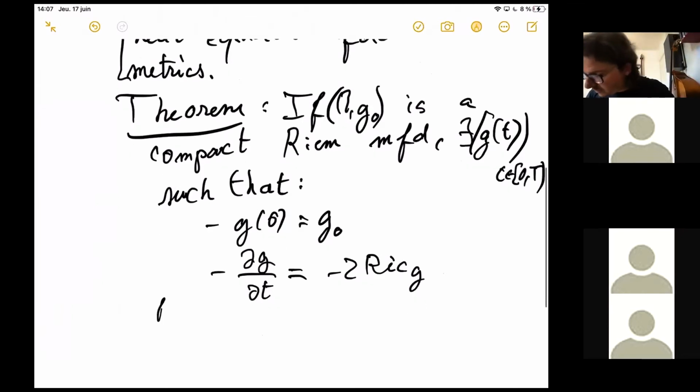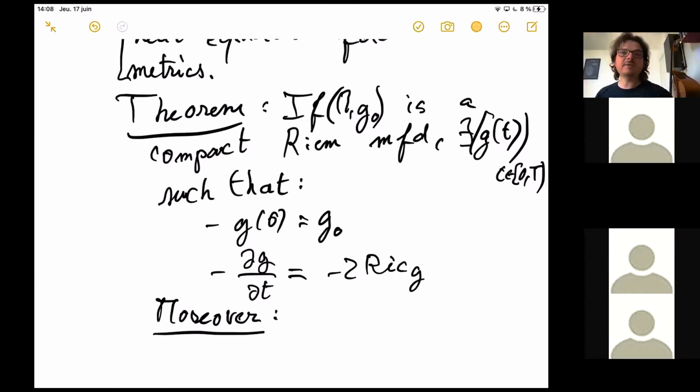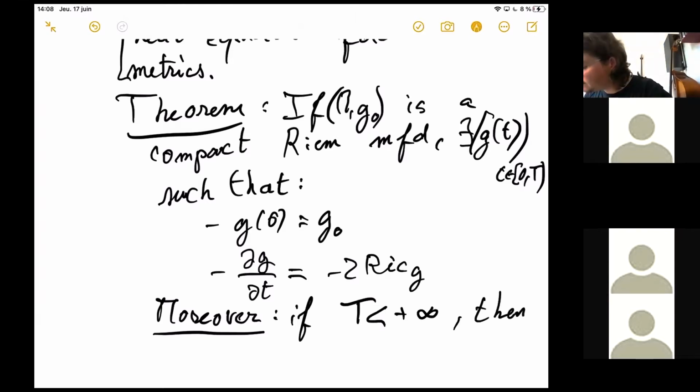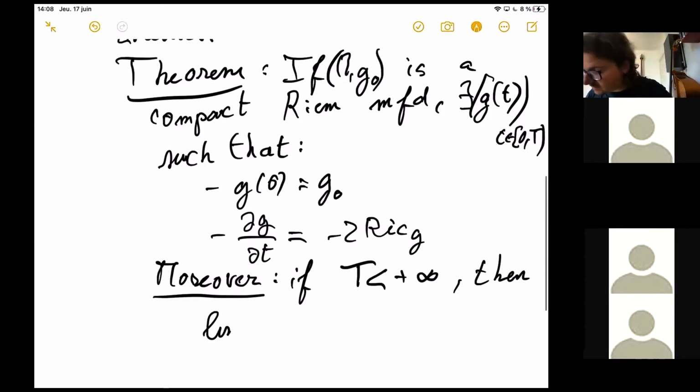Moreover, we have a long time existence criterion, which can be stated in this way. If you don't have long time existence, then the curvature must blow up.